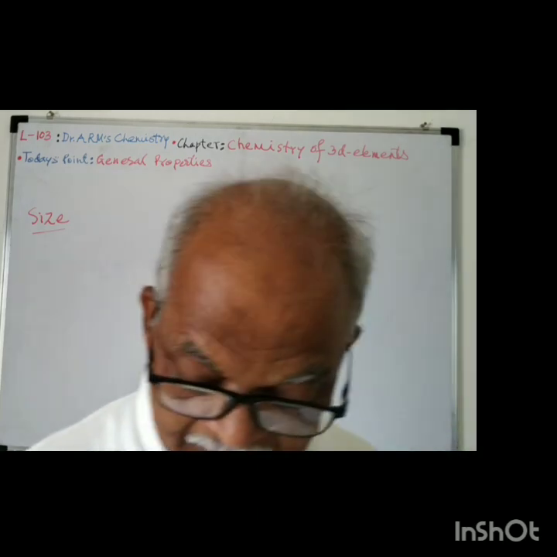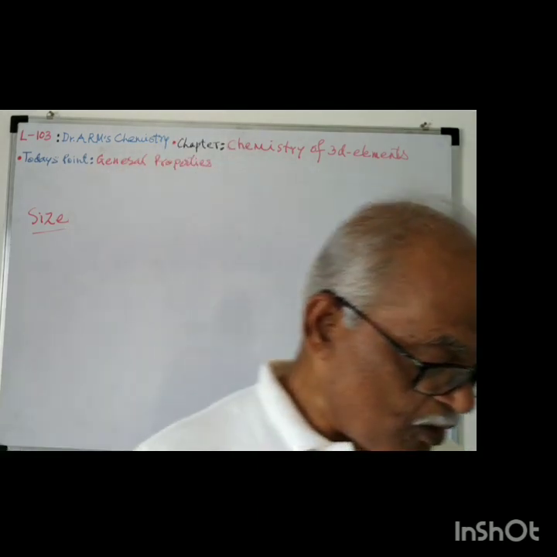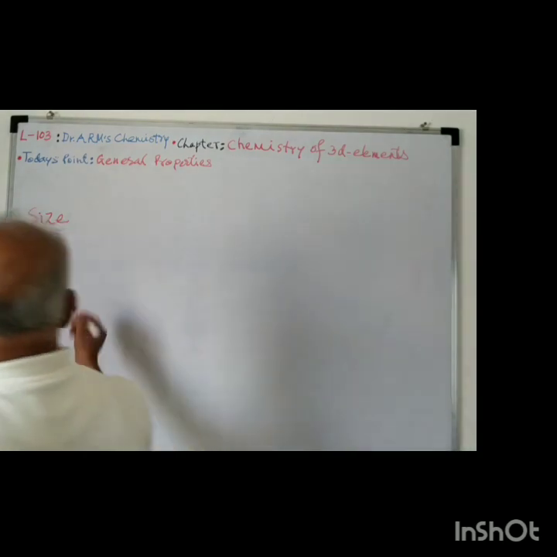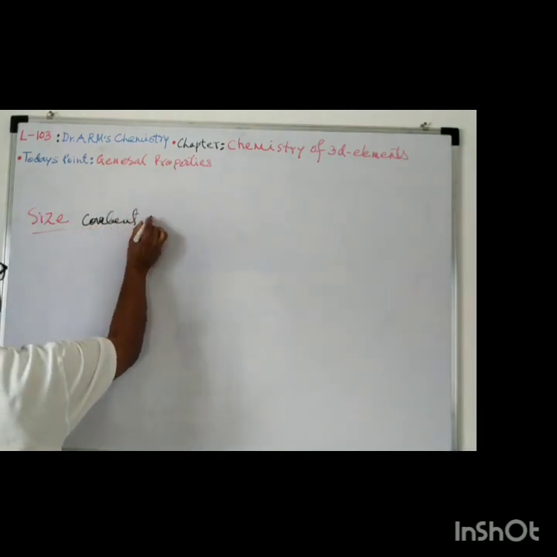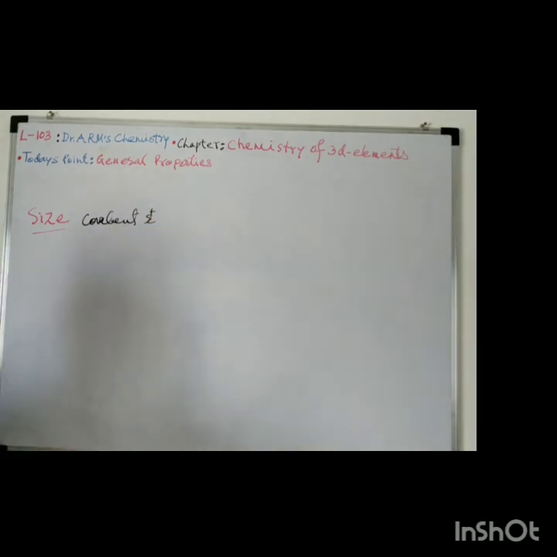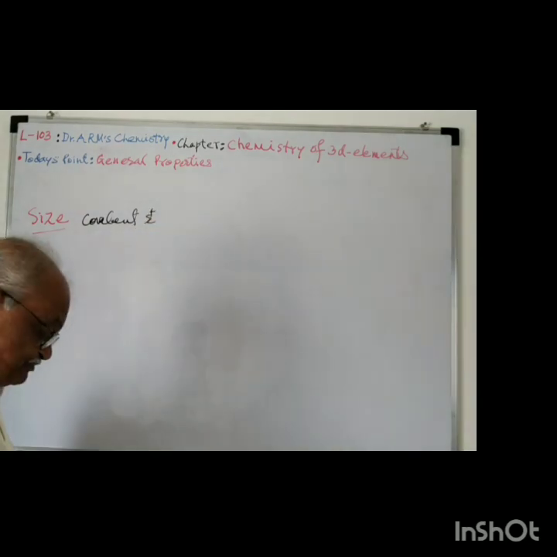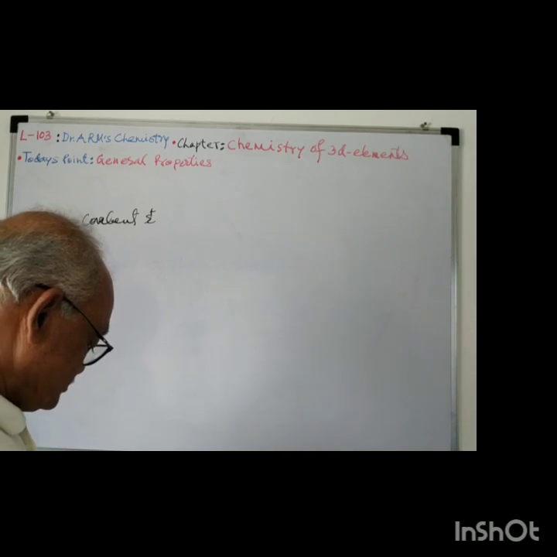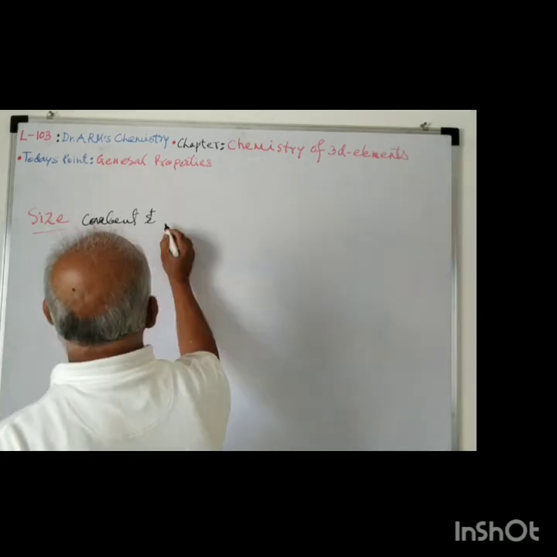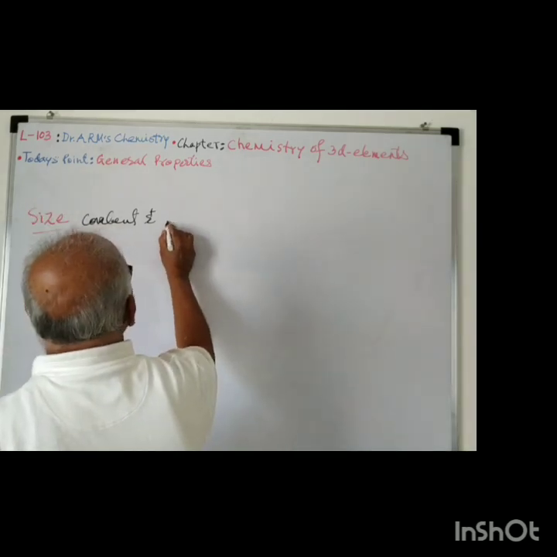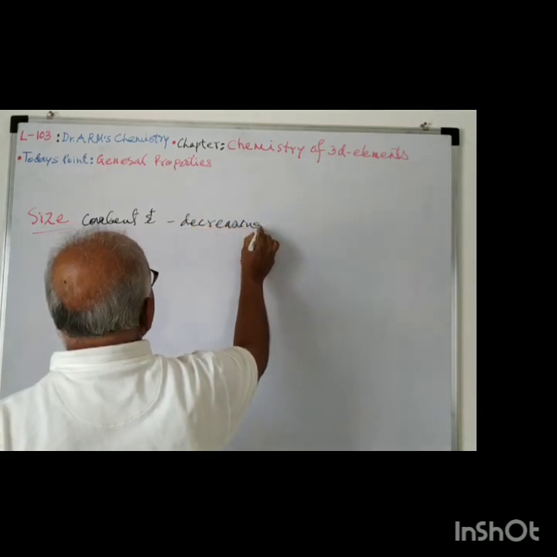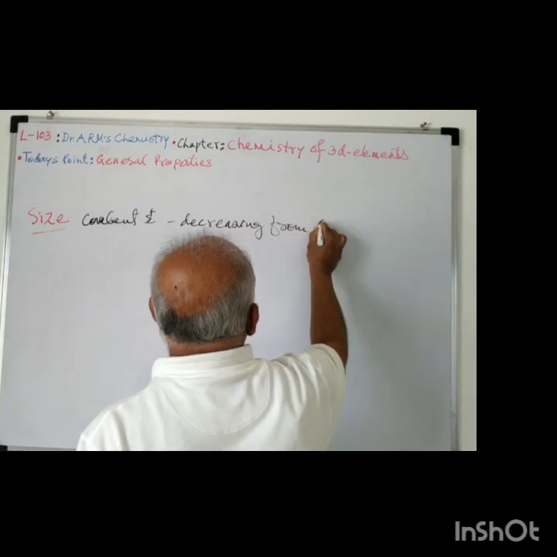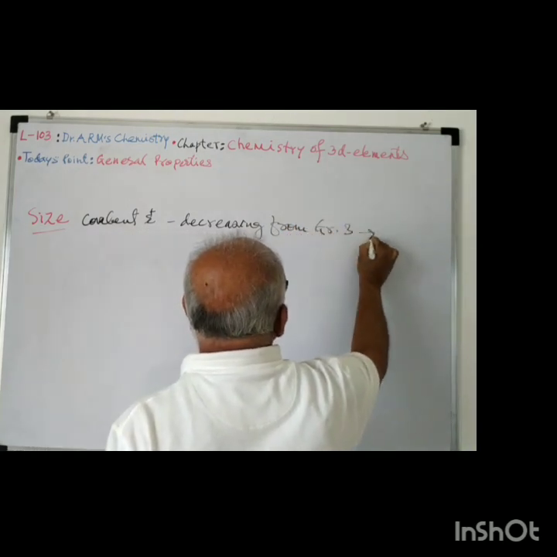Now, it is found that the covalent radii decrease from group 3 to 12.